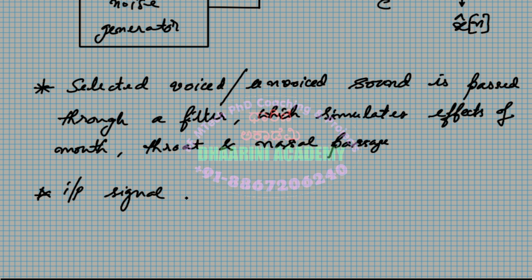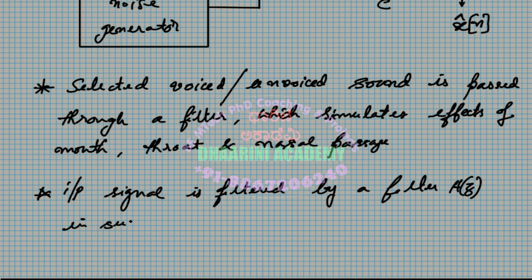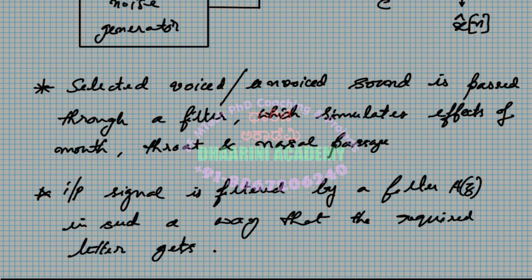The input signal is filtered by a filter that is denoted by H of z in the z transform, in such a way that the required letter gets pronounced. That's all. That's the important part.